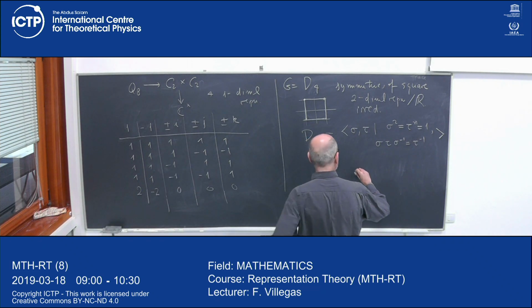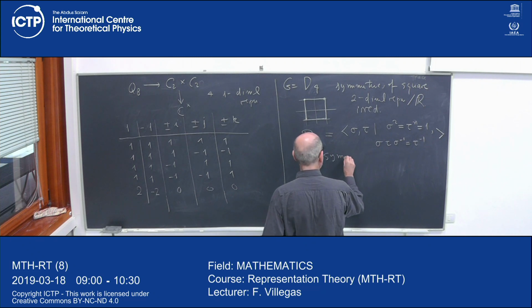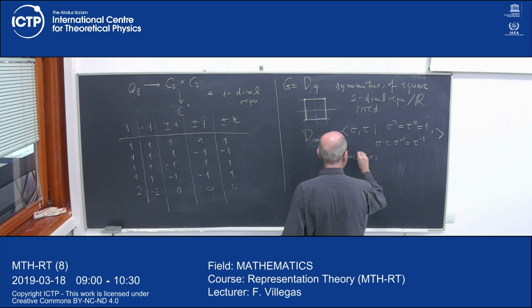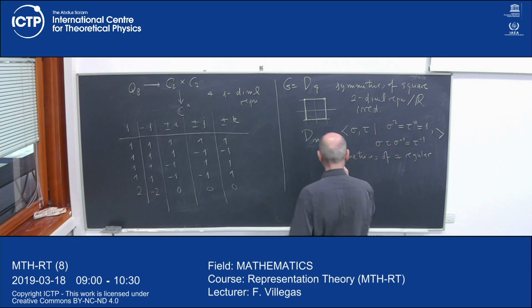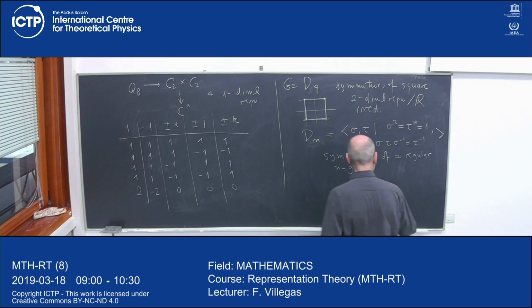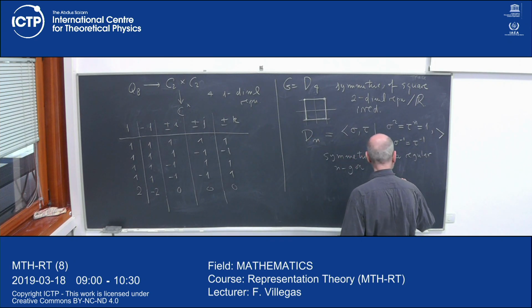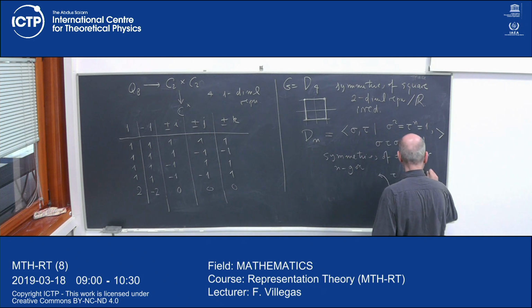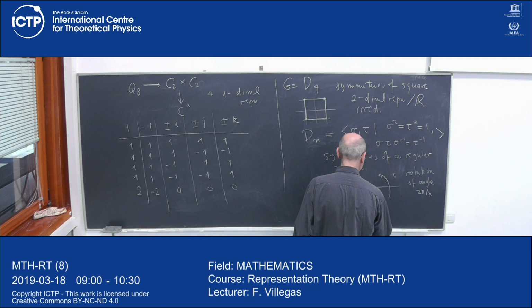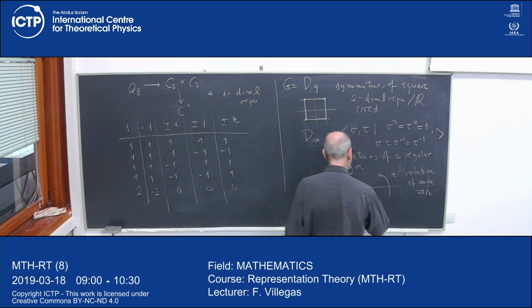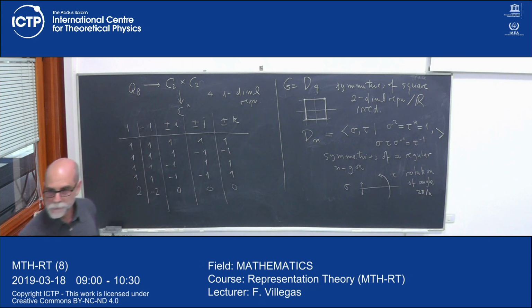This is the symmetries of a regular n-gon, and tau corresponds to a rotation of angle 2 pi over n, for example, counterclockwise, and sigma corresponds to some reflection, let's say, with respect to one of the axes.